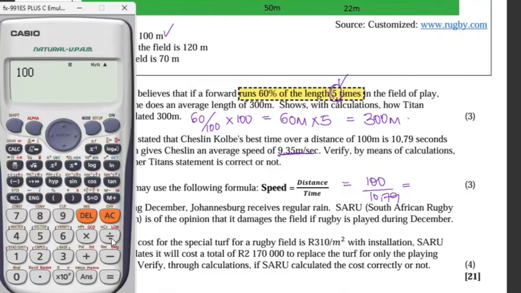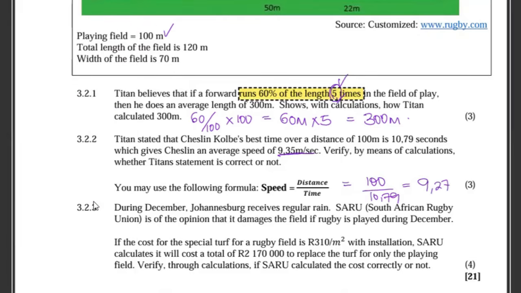100 divided by 10, not 9, divided by 10.79. And the answer becomes what? The answer becomes 9.27 meters per second, which is here.